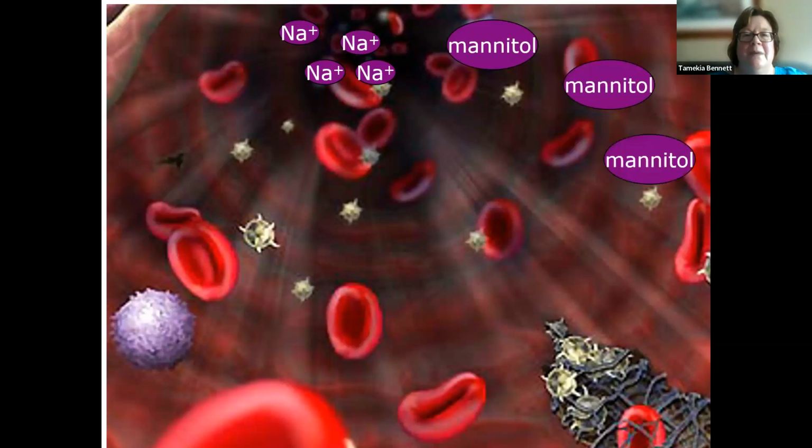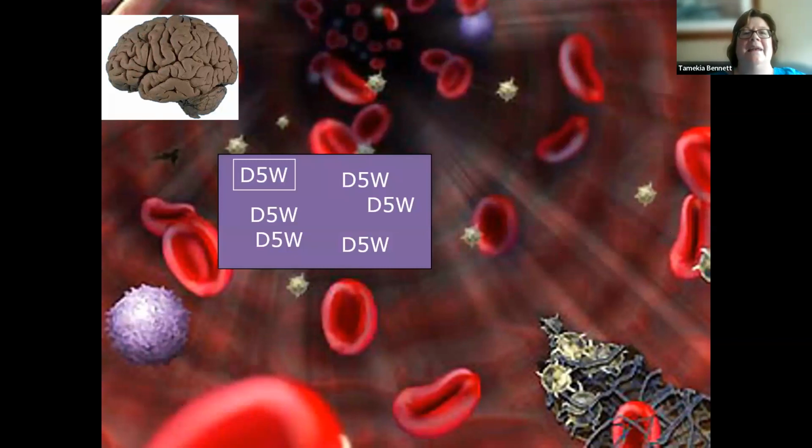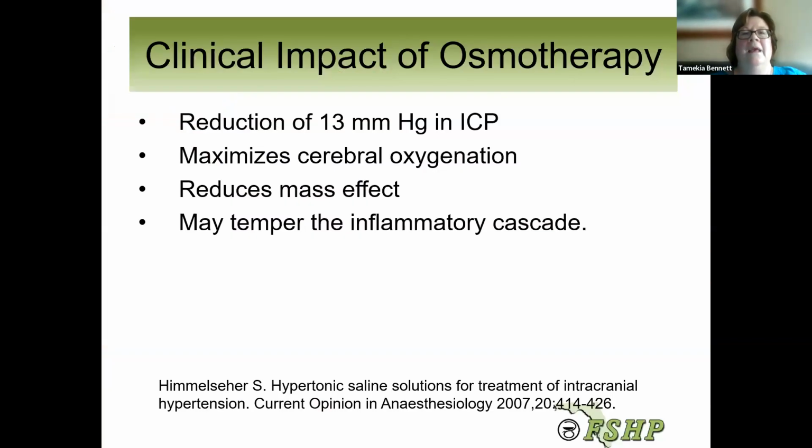So in the ED, we're doing mannitol, and the whole goal of therapy is to suck volume out of the brain and put it into the kidneys, and limit D5W because it basically is pushing all kinds of volume into the brain. So my goal is a reduction of 13 millimeters of mercury in ICP, and that will maximize cerebral oxygenation and reduce a shifting of the brain and herniation.